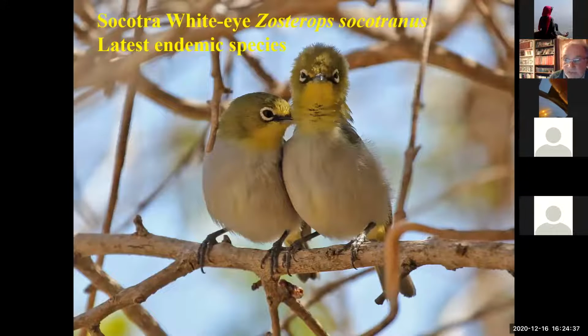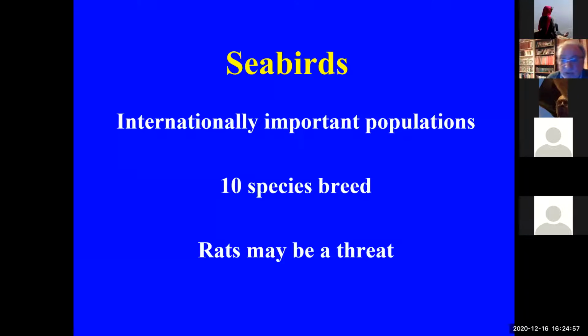And just finally on the land birds, the Socotra white-eye, largely through DNA analysis, has been named as the latest endemic species on Socotra, bringing the total number of endemic breeding birds to 12. Now to seabirds, because here we have some internationally important populations, 10 species breed, and rats may be a threat to them.